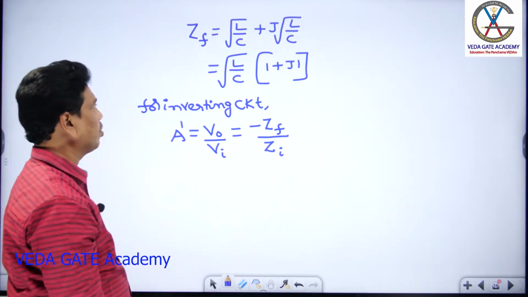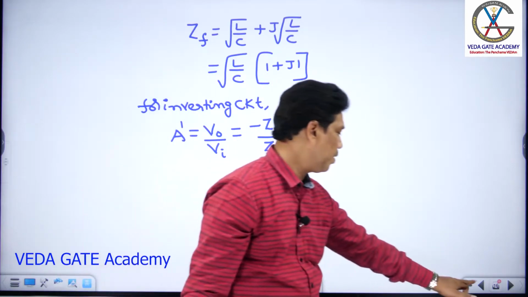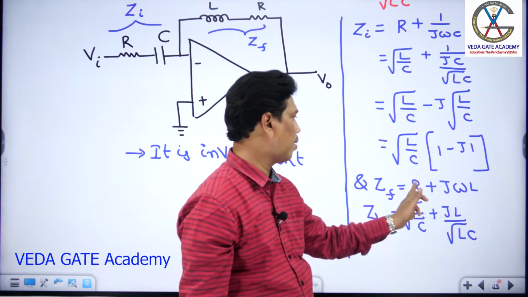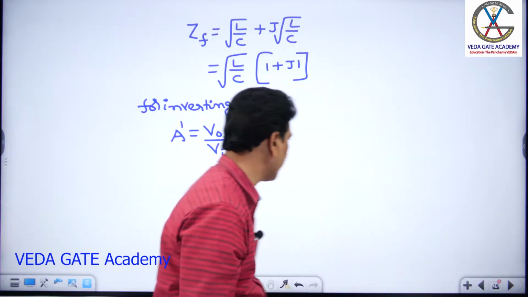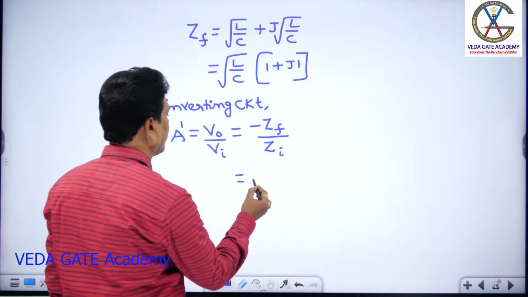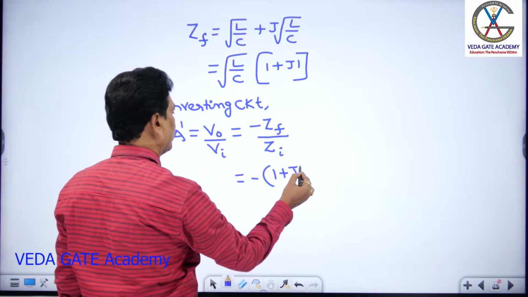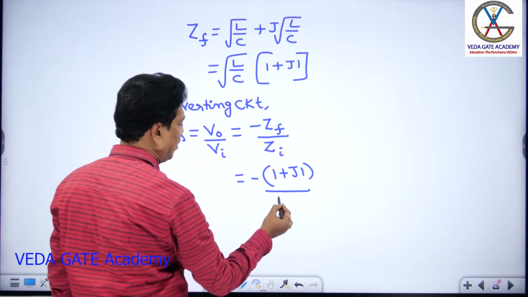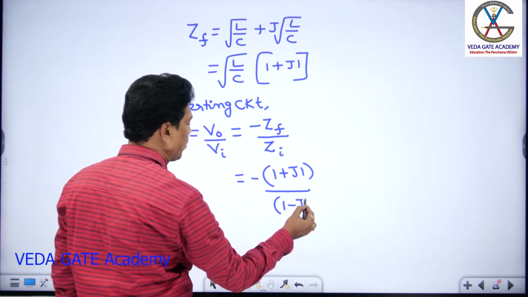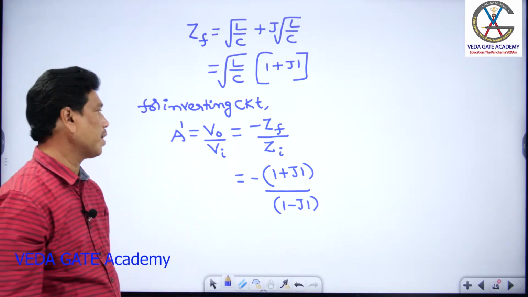If I substitute both, in ZF and Zi root L by C is common, so it cancels. Then you get minus of 1 plus j1 divided by 1 minus j1.